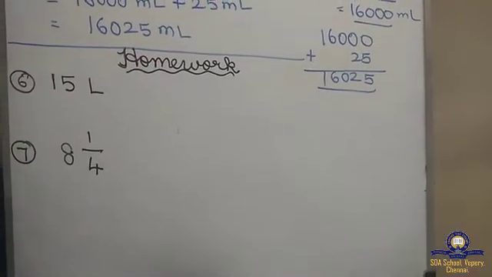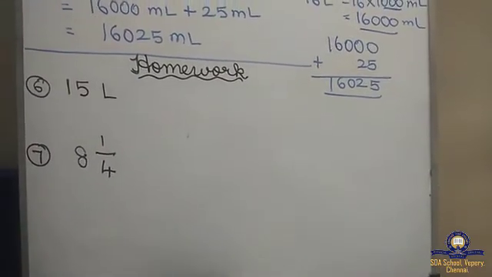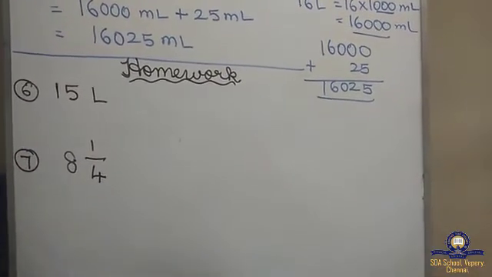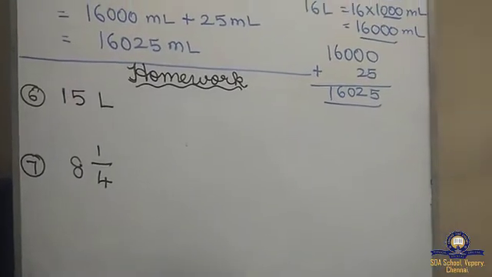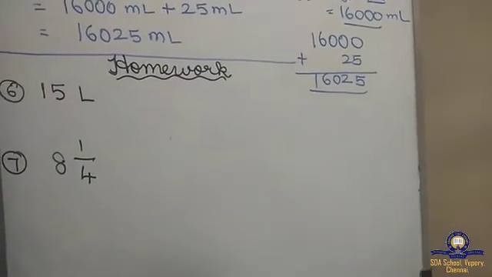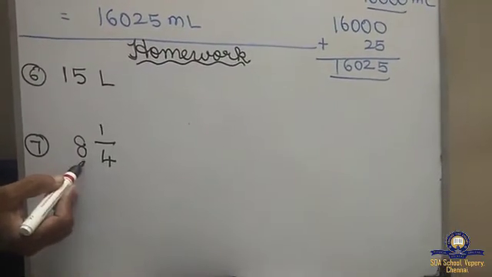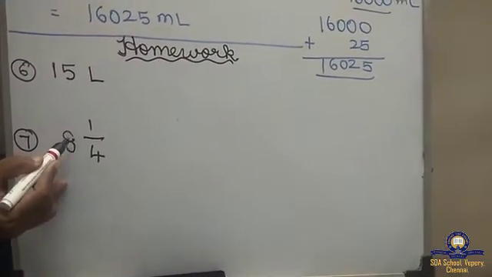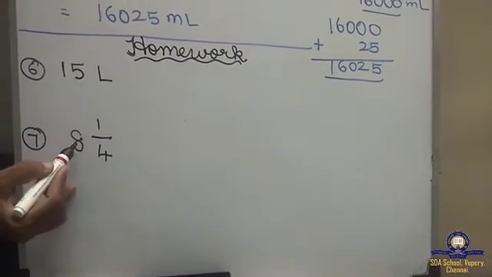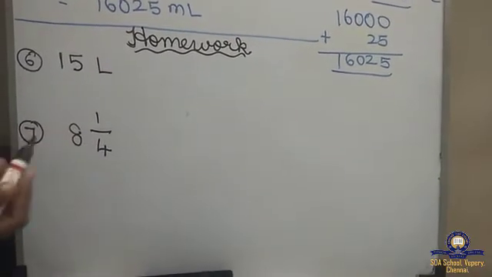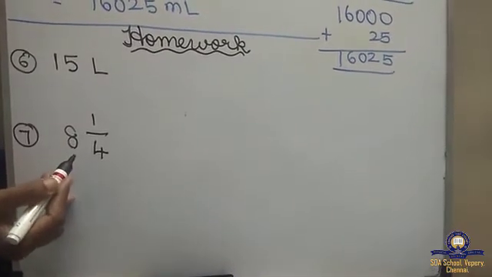In the book, the fifth sum and the seventh sum are the same, 4 3 by 4 is given. So what I did, I gave this sum as my own. I have taught you 9 1 by 4, isn't it, children? Instead of 9 1 by 4, I gave 8 1 by 4. Don't think, oh, Miss, this sum is not in the book. Don't get confused. Okay, children.